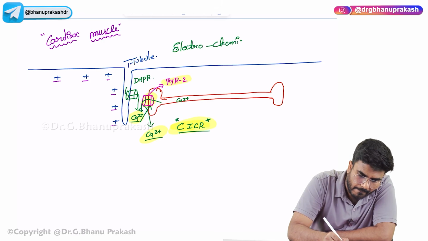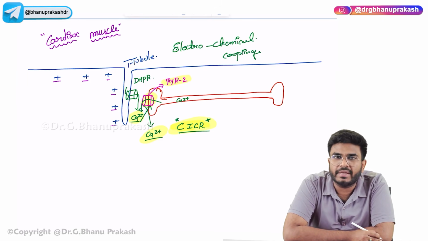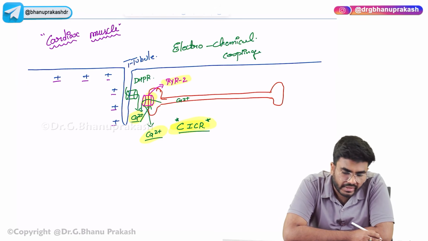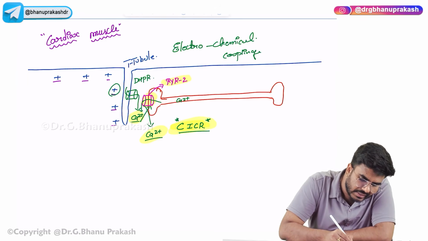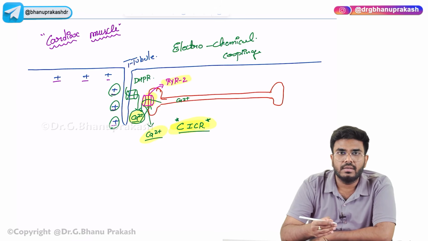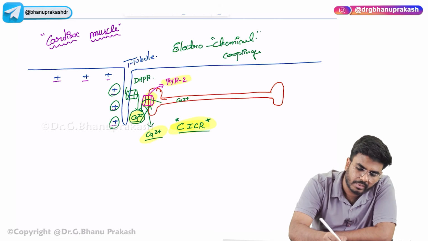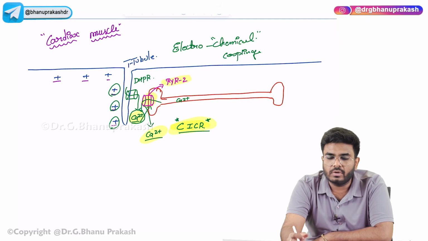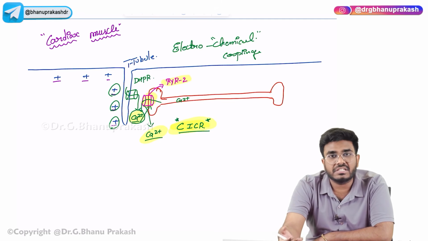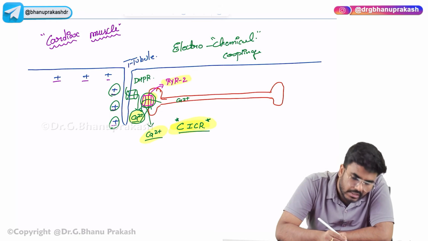Electrochemical coupling. In your exam they can ask you: electromechanical coupling is happening in the skeletal muscle, electrochemical coupling is happening in the myocardium. Why is it called electrochemical coupling? There is an electrical event, depolarization, which leads to release of calcium into the cell, and the chemical here is the calcium. So membrane depolarization releases extracellular calcium into the cell, and this calcium stimulates the RYR channels to release more and more calcium.